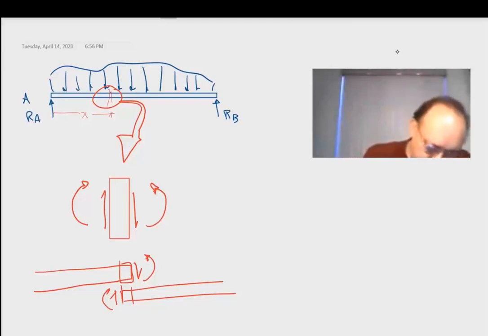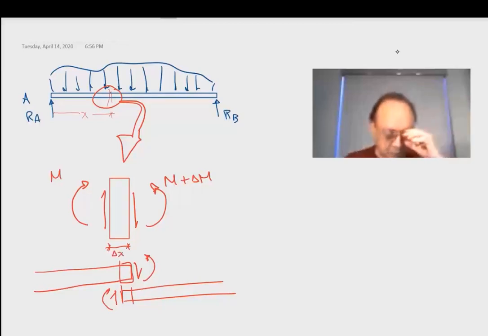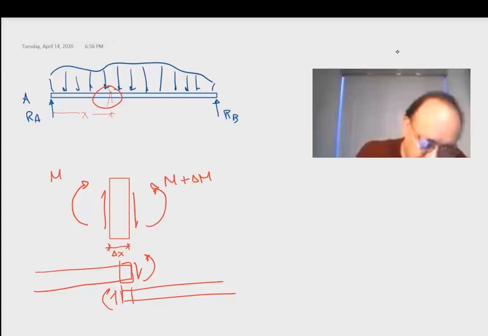Let's call this moment M, and this will be the same moment M plus a little change in M that will occur as we move from this section on the left to this section on the right. This distance being a very short distance, let's call it delta X, right? And of course, there will be some kind of load associated with that piece of beam here.